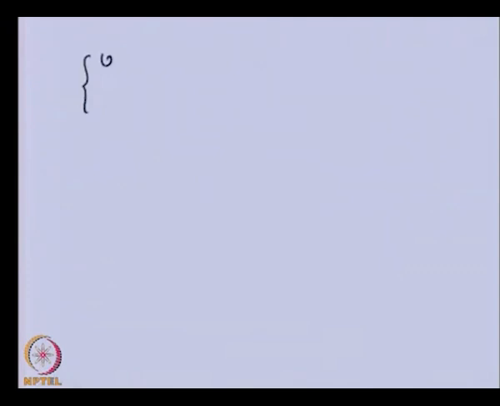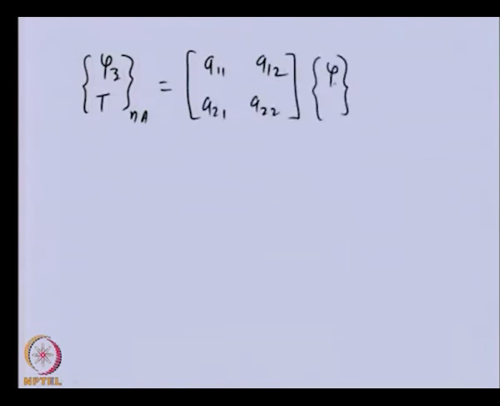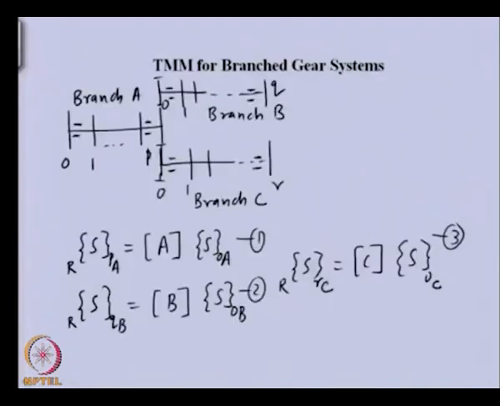For branch A, we can expand this like this. Let us say the overall transfer matrix I am representing as A11, A12, A21, A22, times phi z and torque at 0 station of branch A. Now, the boundary condition at 0 station is that this particular torque is 0, because that particular end of the shaft is free.